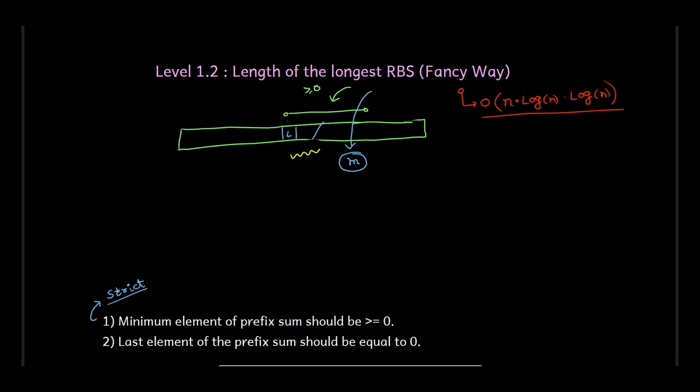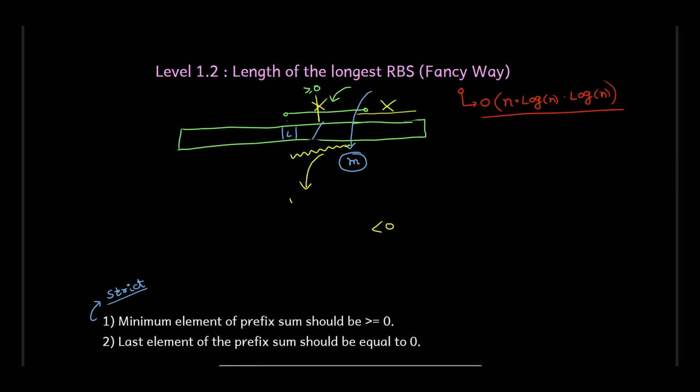That is, in this subarray from L to M, what is the minimum element? If the minimum element is strictly less than 0, then the right hand side is out of the game because you cannot extend this string further. So you only have to split your range to make it even smaller.